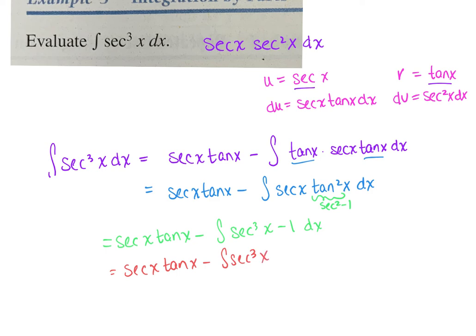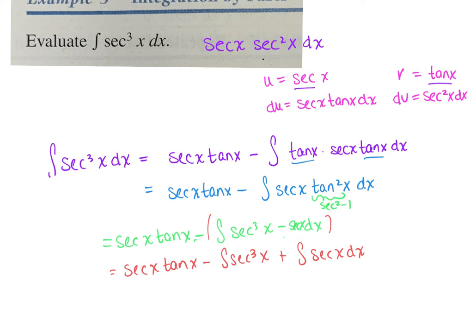And I am subtracting the whole thing. So this is a situation where if I split this up, I have to consider that 1 there to be, oh, this is just secant, sorry. I need to distribute. I distributed that guy. It's a minus a negative, so when you do this piece, you have to change that to plus the integration of secant of x. But I can split that up. The secant cubed and the secant are just individual pieces that I can split up.